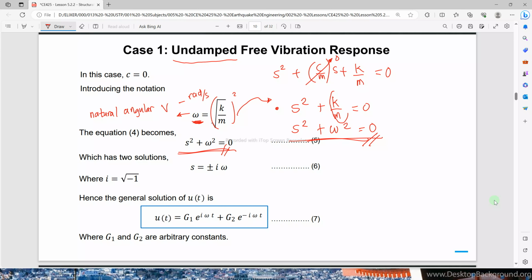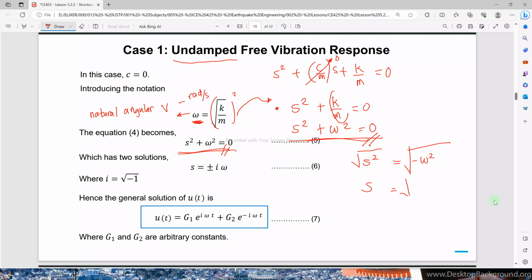Now, if we solve, we will have s squared is equal to negative omega squared. Then we extract the square root of both sides, the left-hand side and the right-hand side. Then we will have s is equal to the square root of negative omega squared.